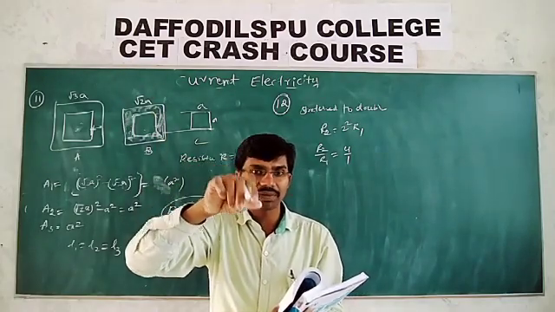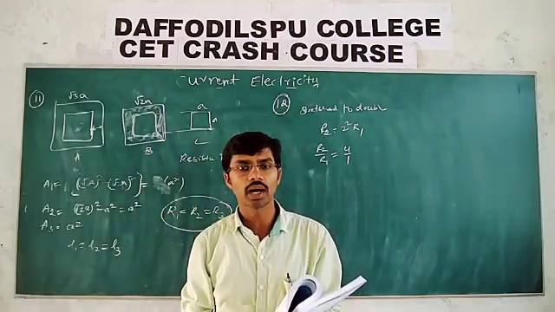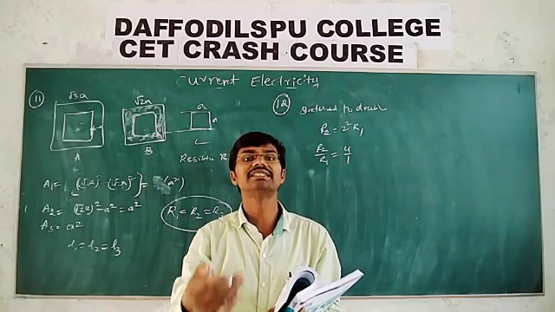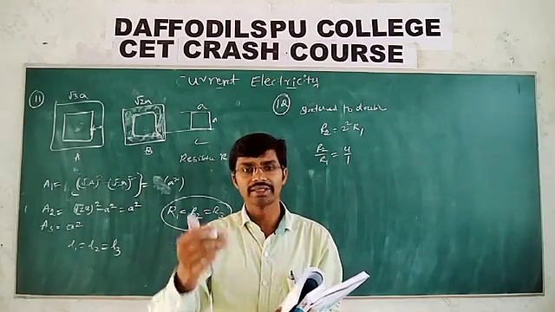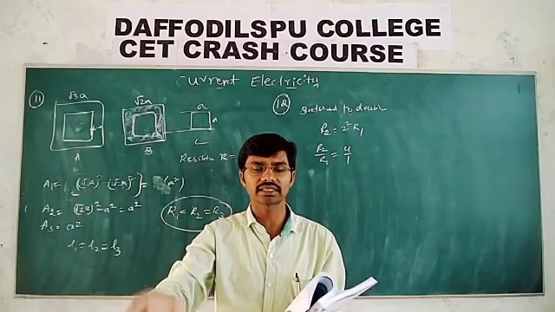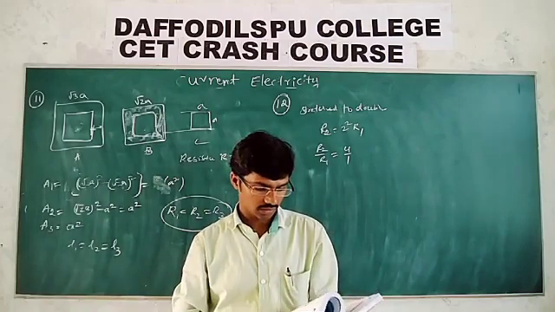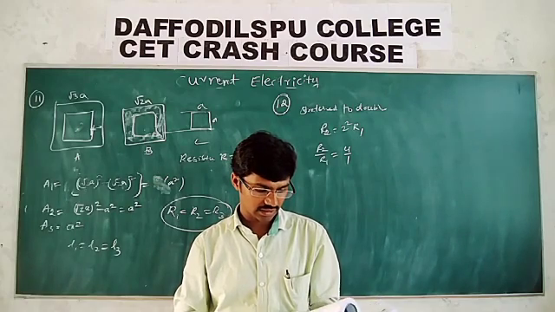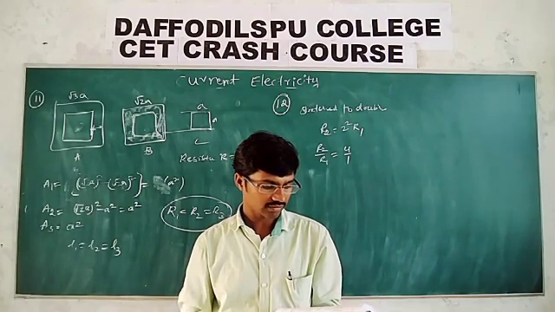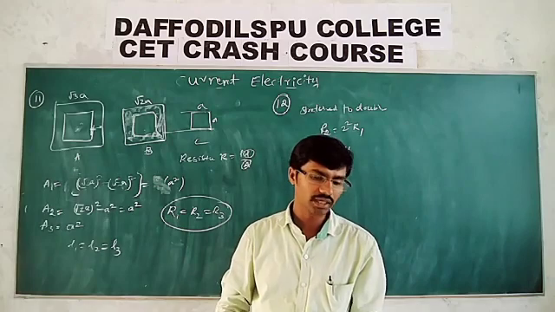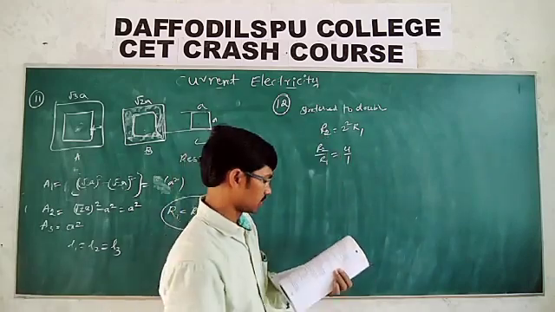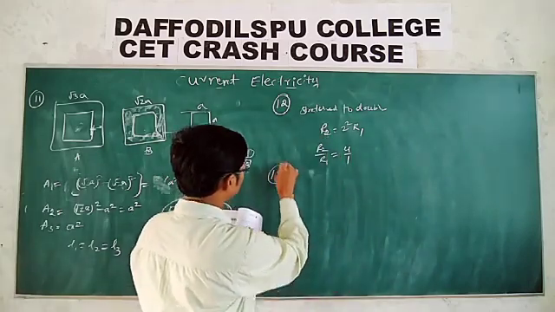But if you decrease the temperature to a very low temperature, the resistance will become almost zero. If the resistance is zero, its conductance will increase enormously. Therefore the conductivity will become infinity. Second option.